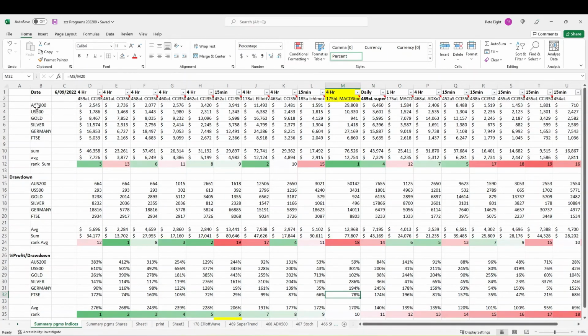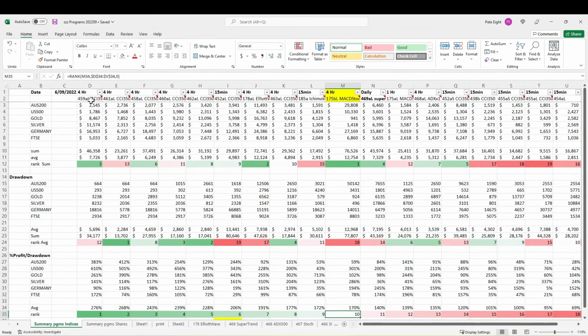Now these are the other indices we tested, and the total revenue from those indices was 76,526, with a total drawdown of 77,807, and that gave us an average ranking of 10, or 170% profit over drawdown. So that gave us a ranking of 10 in amongst our programs we've tested so far.